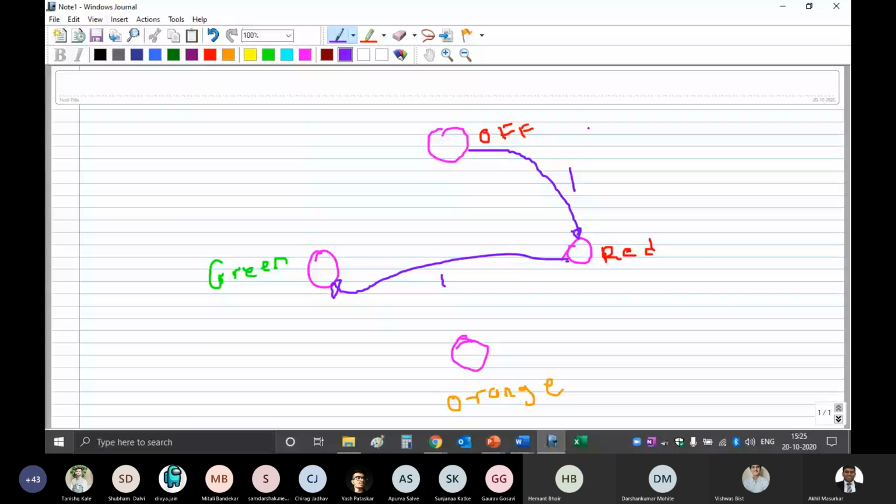If it is having a trigger of 0 only, then it will stay at red only. The moment it gets 1, it will go to green. Now if it is in green and gets a trigger, you know that if the signal is green, it doesn't become red directly. It becomes orange first. If it gets a trigger of 1, it will go to orange, and from orange, if it gets a trigger, it will go to 1.